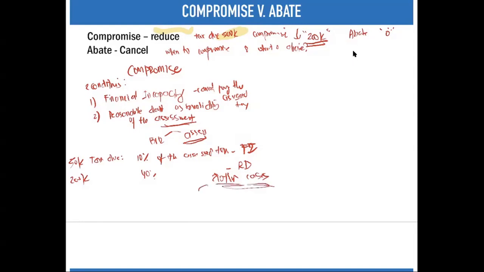Now the question is, what are these other cases? The other cases are your delinquent accounts. When we say delinquent accounts, they are not paying their taxes. Also, we have your pending cases.